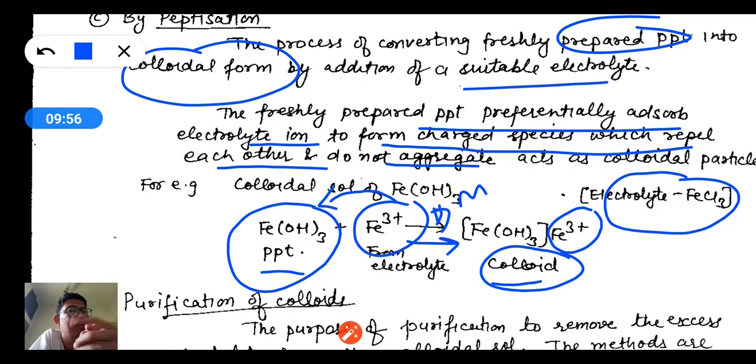In peptidization, little electrolyte and excess of dispersion medium is used, and in case of precipitation or coagulation, you have to add excess of electrolyte. Okay, not only excess, a little bit of electrolyte is also sufficient, but dispersion medium is not added here. But in peptidization, along with electrolyte, you have to add excess of dispersion medium also.